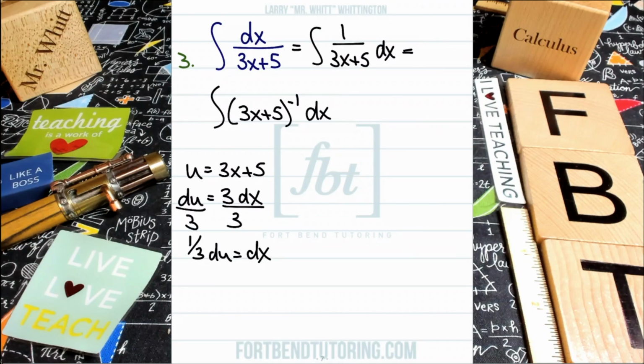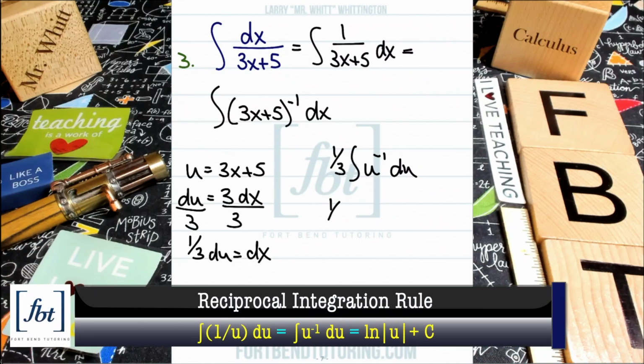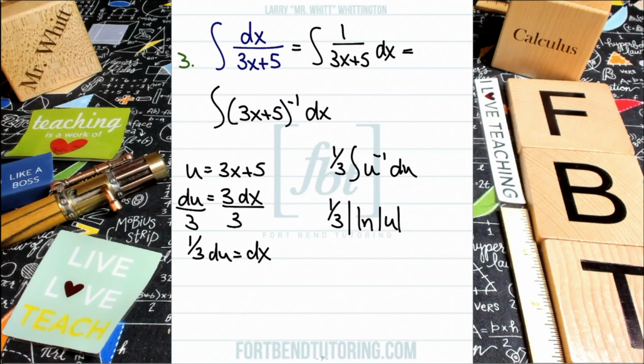Now, that's something that you can use, because with this form, we can now rewrite the original problem as 1/3 times the integral of u to the negative first power du. So now that we have it in this form, let's go ahead and use that reciprocal formula that I gave you earlier, and we'll have 1/3 times the natural log of the absolute value of u plus your arbitrary constant c.